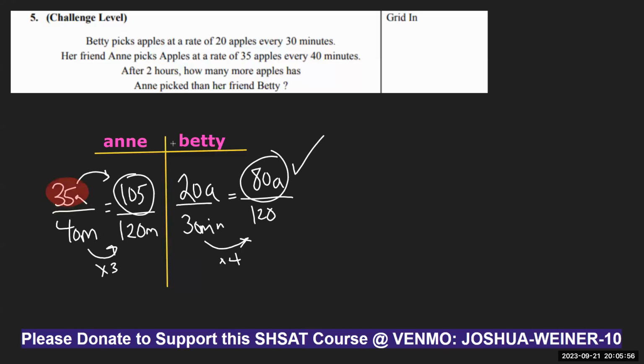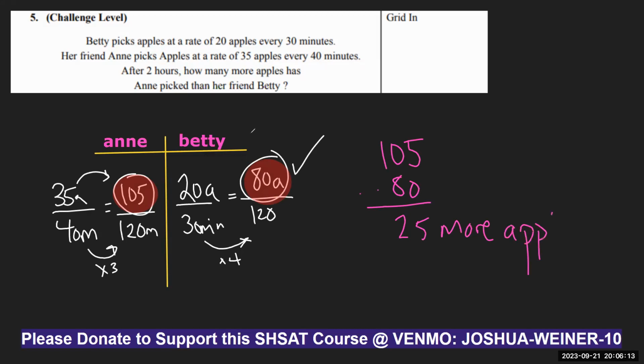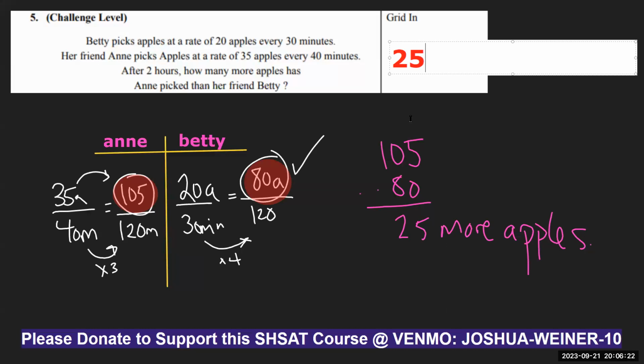Here's her total, 105, and Betty is 80. So comparing the totals, 105 minus 80 is 25 more apples. That was question 5. So the correct answer was 25 apples.